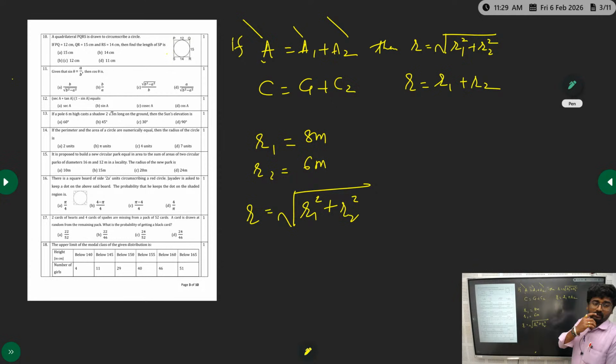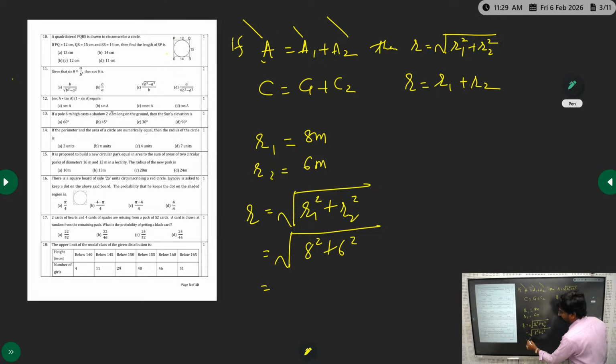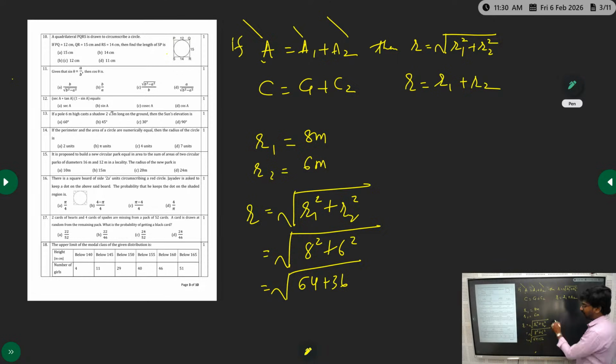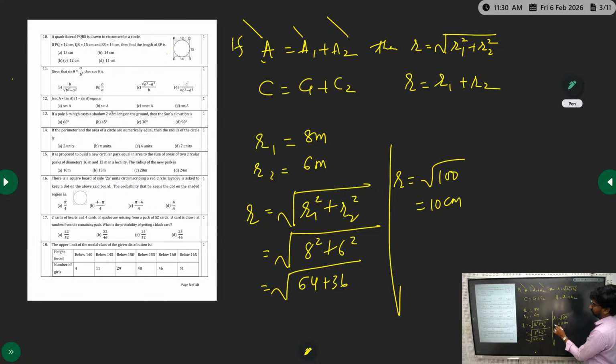And please remember your Pythagoras triplets. Whenever there is 6 and 8, what is hypotenuse? 10. Direct answer. If not, you apply the formula. 8 square plus 6 square, 64 plus 36 is 100. What is square root of 100? R is 10 meter. Okay.